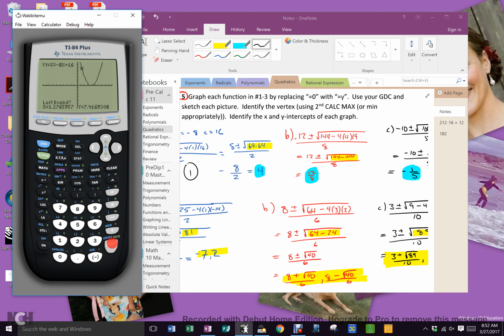Yes. So I can hit enter. Now I need the right boundary. So I got to move my little flashing target to the right of the vertex. Is it to the right now? So I can hit enter. Then it's going to ask me to guess. And there we go.